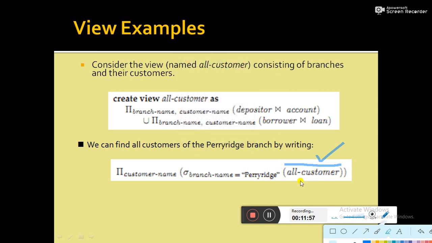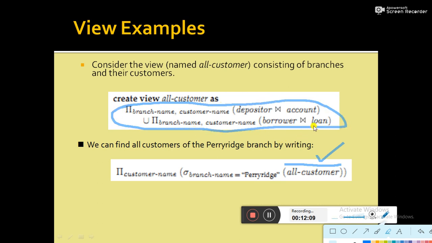Whenever the query processor encounters the view name all customer, it replaces the name of the view, which is all customer, with the definition of the view all customer. That definition will be replaced over here, and then the query processor executes that definition.